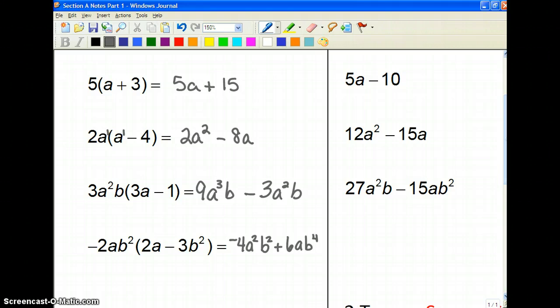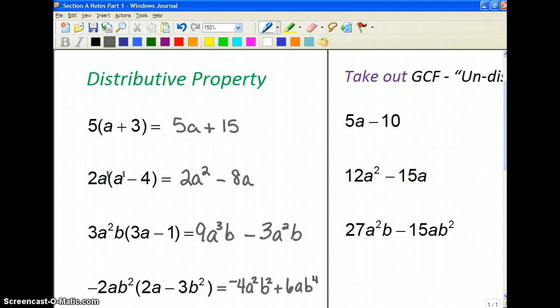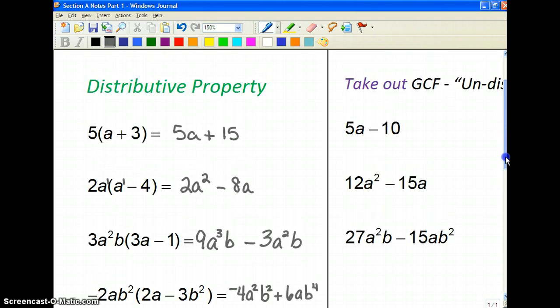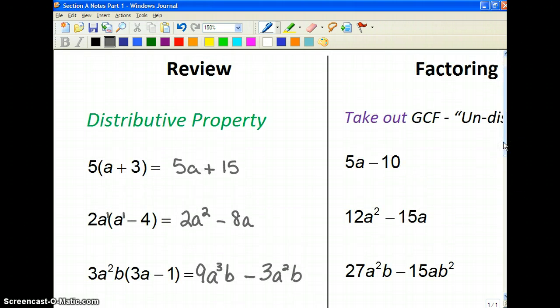So when you look on the other side of the page over here, you'll notice that the problems are looking very similar to the answers we got when we were practicing the distributive property. That's because to factor, the very first thing you want to do is try to take out the greatest common factor.